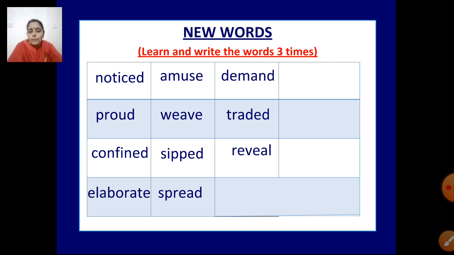The next is reveal. R-E-V-E-A-L, reveal. The next word is surrounded. S-U-R-R-O-U-N-D-E-D, surrounded. The next is exchanged.